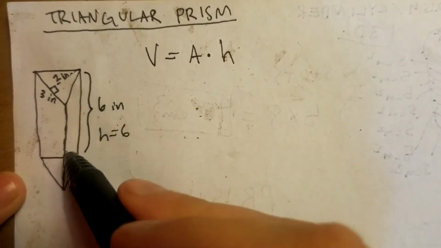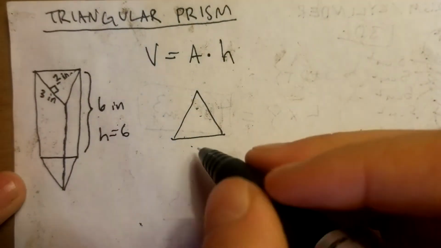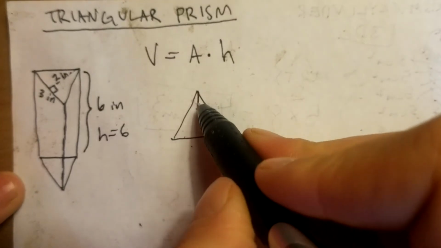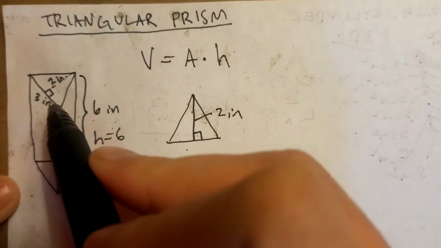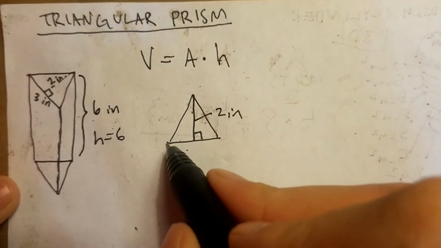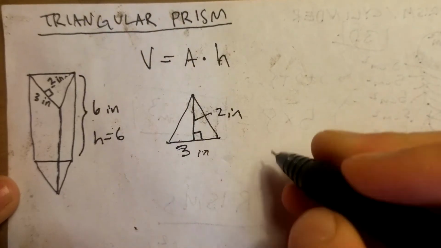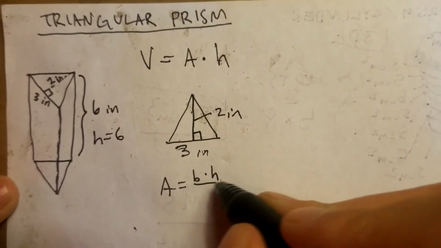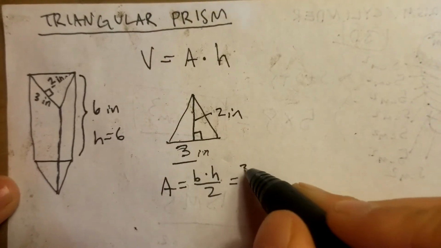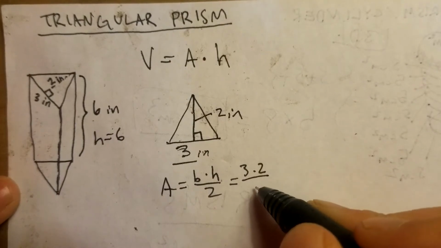So the base of this prism is a triangle. And this triangle has its own height of 2 inches, as represented right here, and it has a base of 3 inches. Now remember that the area of a triangle is base times height divided by 2, so in this case 3 is the base here, times height, which is 2, divided by 2.